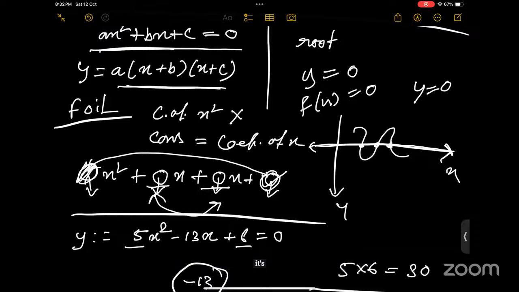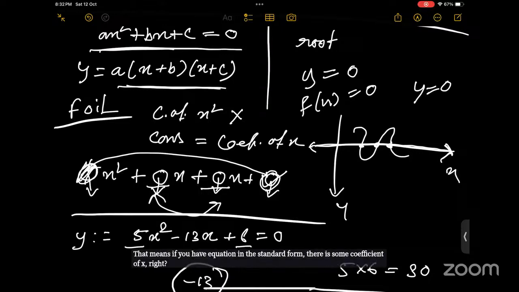If you have an equation in the standard form, there is some coefficient of x, right? So you have to break the coefficient of x in such a way that the multiplication of these two components will be equal to the multiplication of the coefficient of x square and the constant term. Okay, this is the FOIL method.